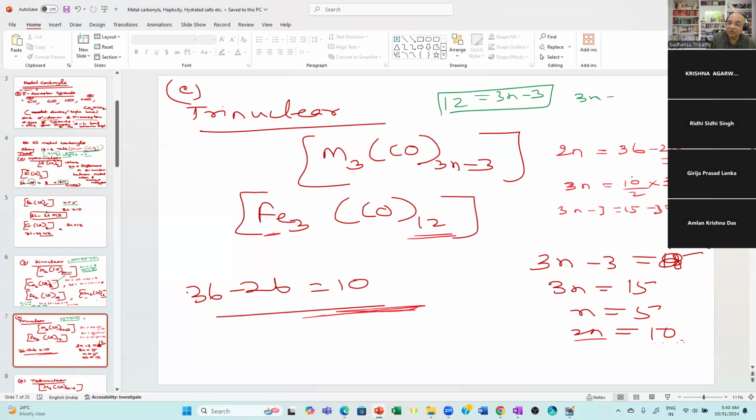So 3n is equal to 15, n is equal to 5, 2n is equal to 10. We have already seen for iron 36 minus 26 is equal to 10. So if there are 3 iron atoms in a trinuclear carbonyl complex, then it has to take 12. That is the rule. Then only it will also obey the 18 electron rule.